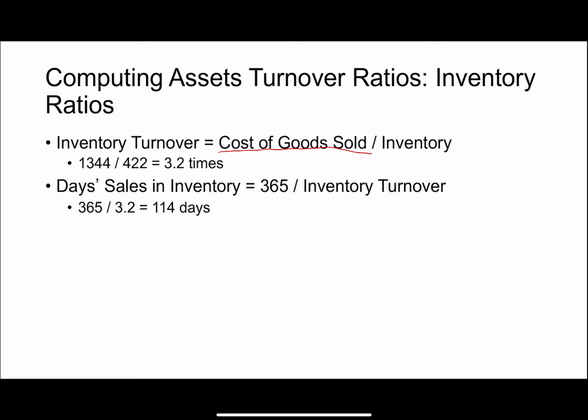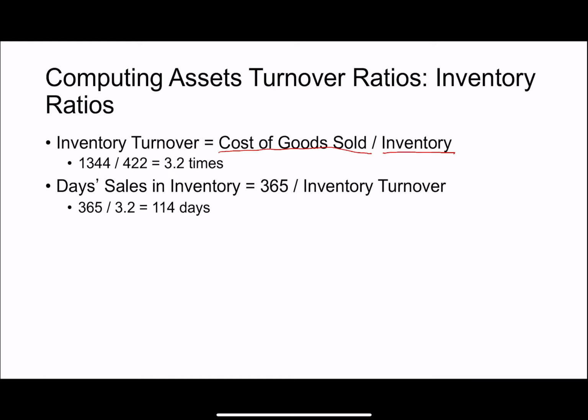The reason why it's cost of goods sold and not sales is because in accounting, inventories on the balance sheet are reported on the cost basis, not on the final price. So to be consistent, since inventories are reported on the cost basis, in the numerator, instead of looking at sales, which is final price times quantity, you look at cost of goods sold per unit times quantity.